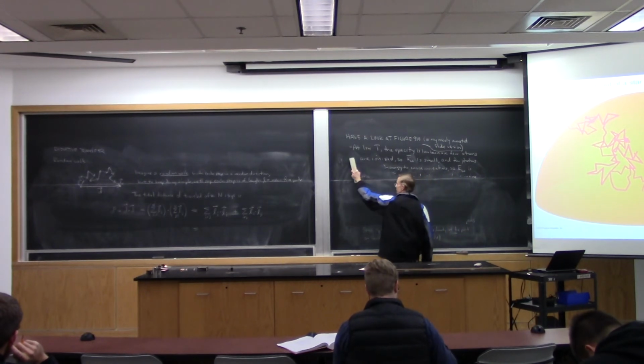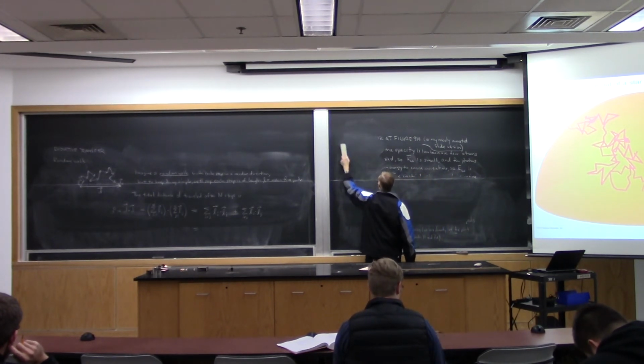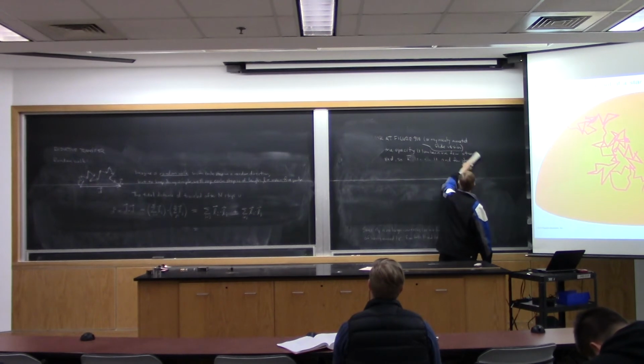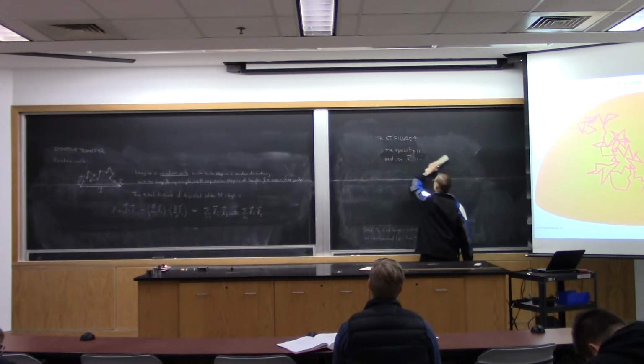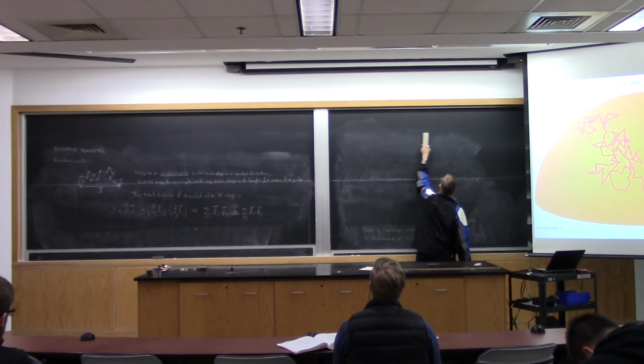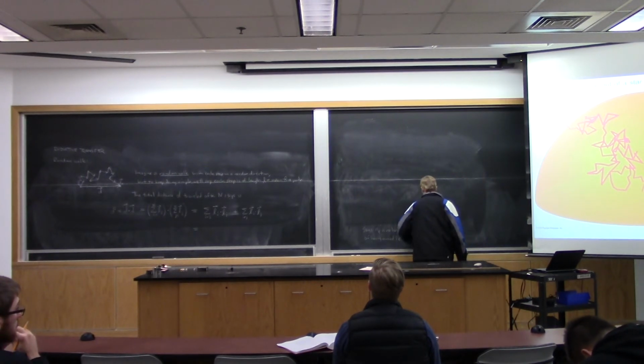So how many terms are there where i and j are equal to one another, if you're summing from 1 to n? There are n such terms, right?